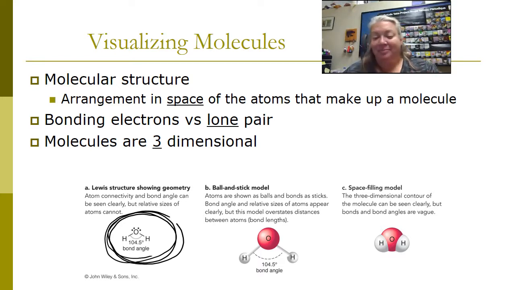The space filling model, okay, let's compare the two. This one gives you a better idea of the size and the better idea that these are actually covalently bonded to one another. They're really close to one another. They're sharing electrons between them. This one has some flat areas on it to indicate kind of where the lone electrons are.